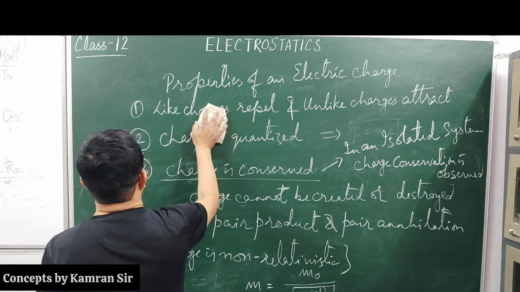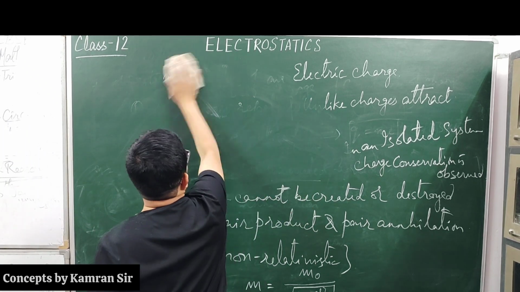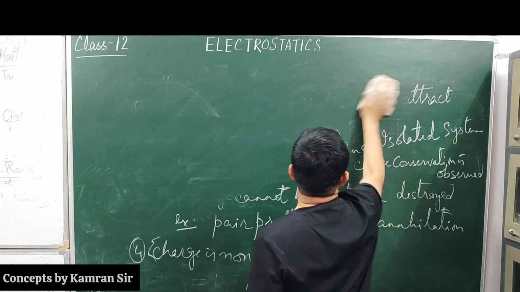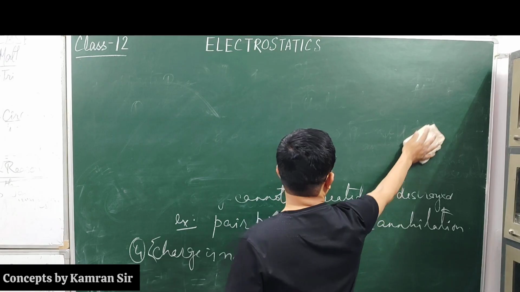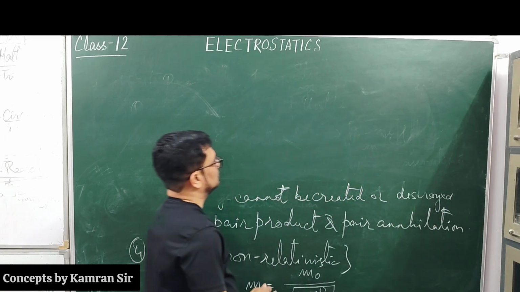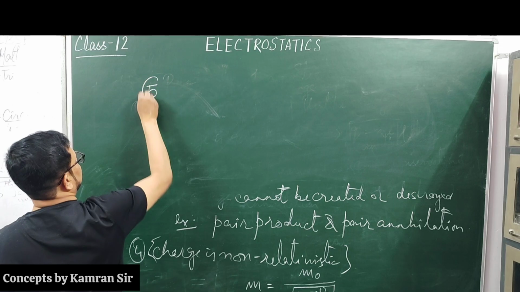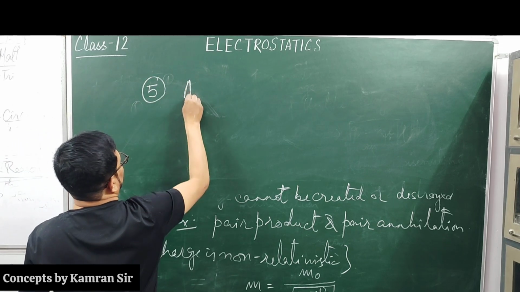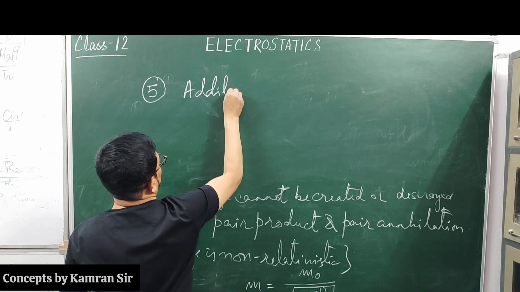Another property is that charge at rest exhibits certain interesting phenomena. But before we move on to that property, let us discuss the fifth, which is the additive nature of charge.